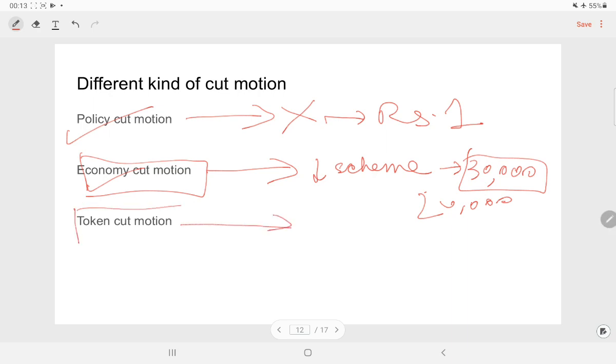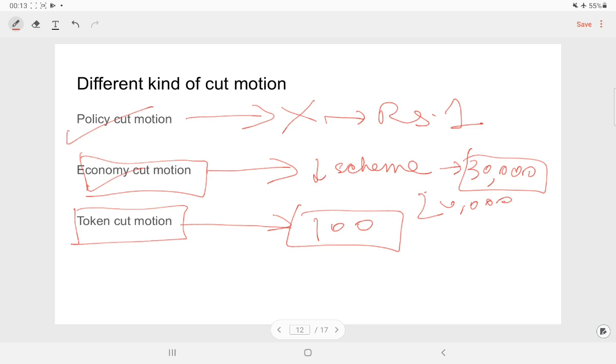And then there is the token cut motion. This is just a token representation that they do not agree with the scheme of the government, and they will say, okay, just cut rupees 100 from that scheme, or from the expenditure which the government is going to make on those things. This gives a message that the parliamentarian is not happy with this.